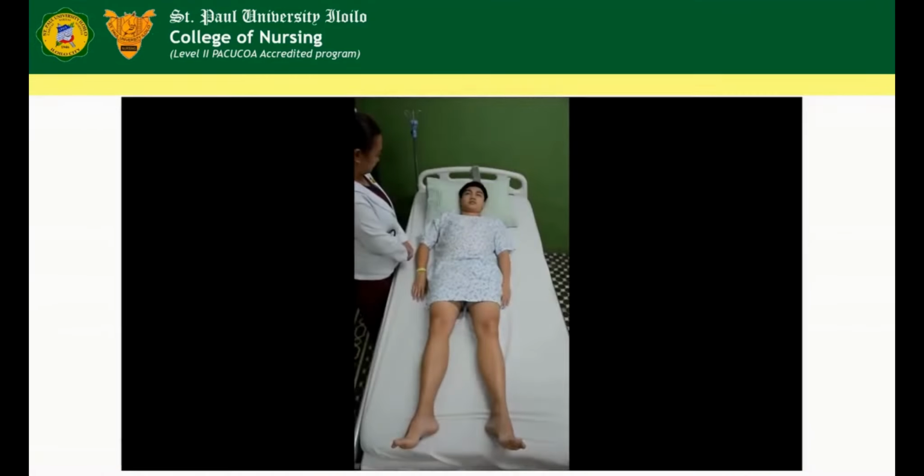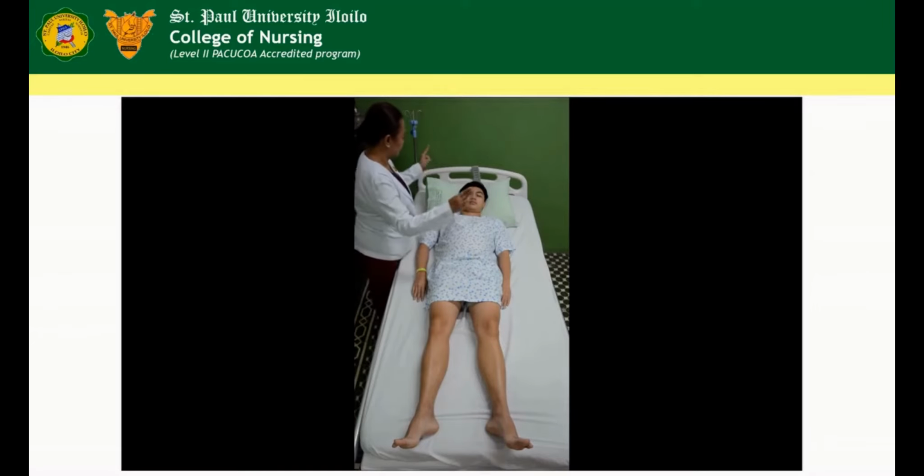Position client in supine position and locate the different peripheral pulses using the index and middle finger to identify, palpate, and grade amplitude of peripheral pulses. Palpate peripheral pulses bilaterally and note for rate, rhythm, symmetry, and amplitude or strength of the beat, which are graded from 0 to 4.